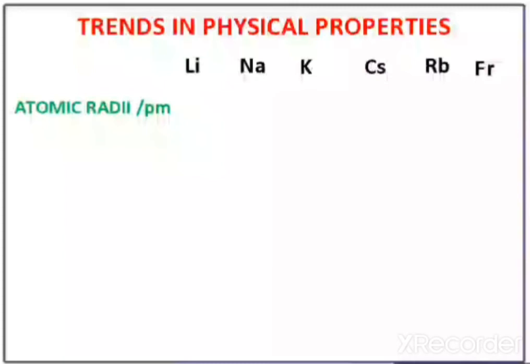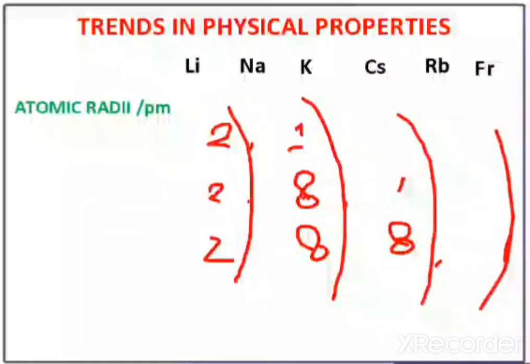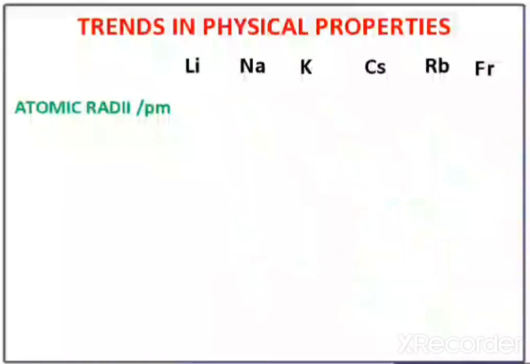As you know, as we move down in a group, lithium configuration is 2,1, sodium 2,8,1, potassium 2,8,8,1. The number of orbits increases, so the size also increases. The size of lithium atom is 152 pm, sodium 186, potassium 227. So this is continuously increasing.